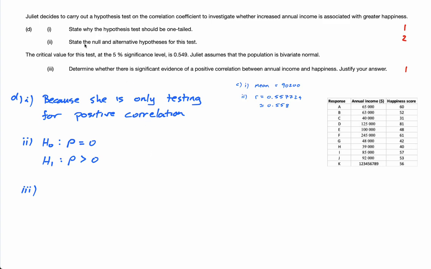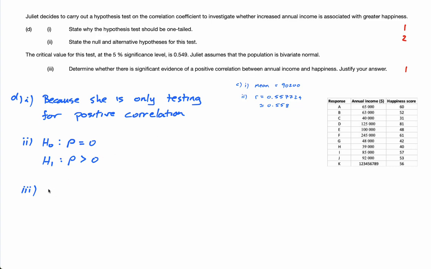But because they've given us the critical value, we don't even need to get the p-value. We just need to say, is our R value bigger than the critical value? And it is. It is bigger.